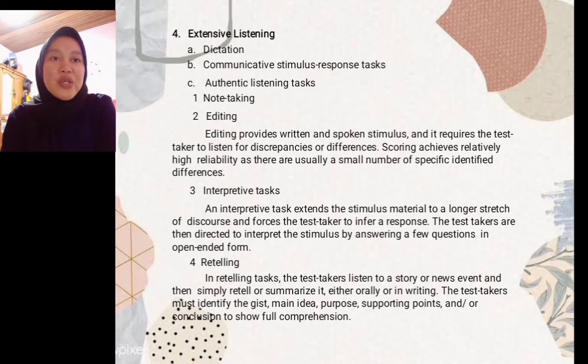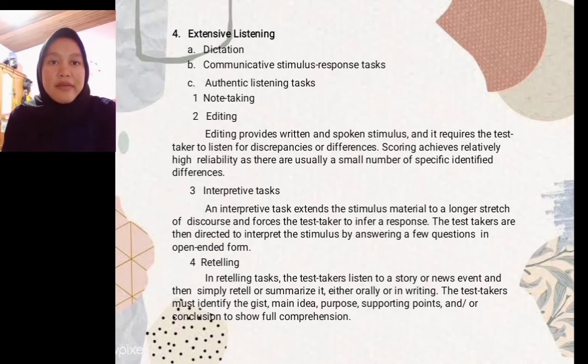Untuk proses note taking ini pengambilan nilainya sangat mengonsumsi waktu karena perlu memperpoinkan kan, jadi perlu proses yang panjang untuk mendesain teks ini, assessmentnya panjang.